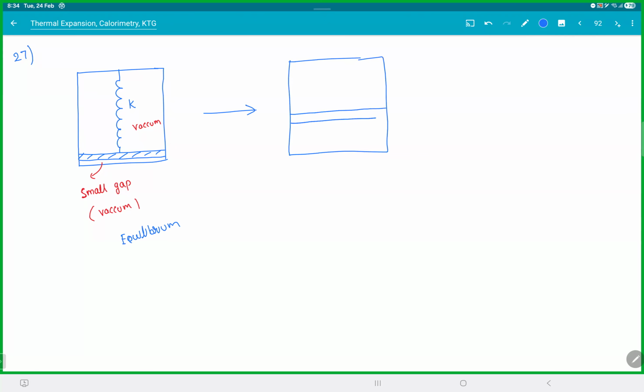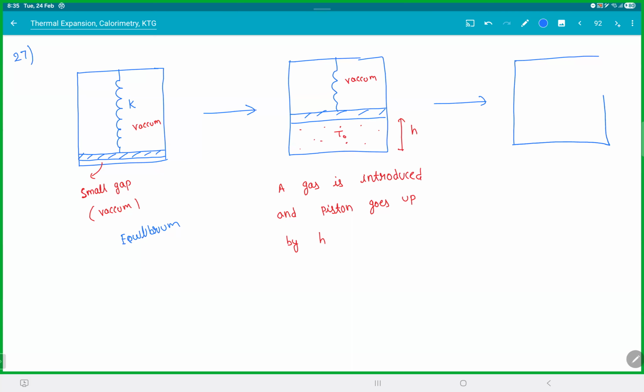Then you went and introduced some air, some gas into this gap, whose temperature is T naught, and this thing went up by a height h. Remember, this thing is still vacuum. The gas is introduced and the piston goes up by h. Then what you did, you kept the gas as it is, but you doubled the temperature of the gas.